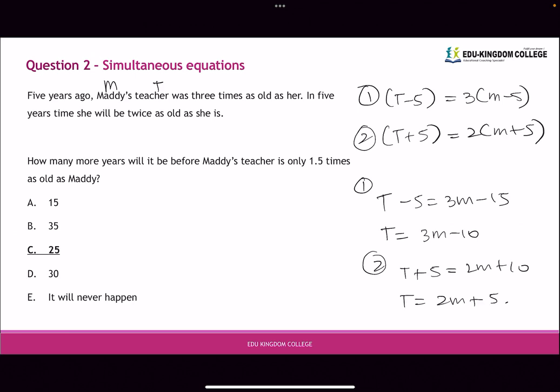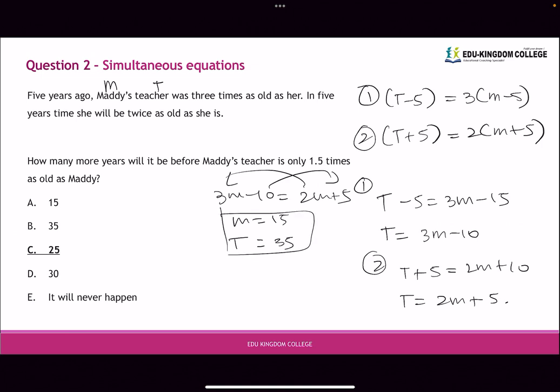So now we know t and t, they equal, so 3m minus 10 should equal 2m plus 5. If we move this over and this over, we know m equals 15. So t equals 2m plus 5, which means that if m is 15, then t is going to be 35.